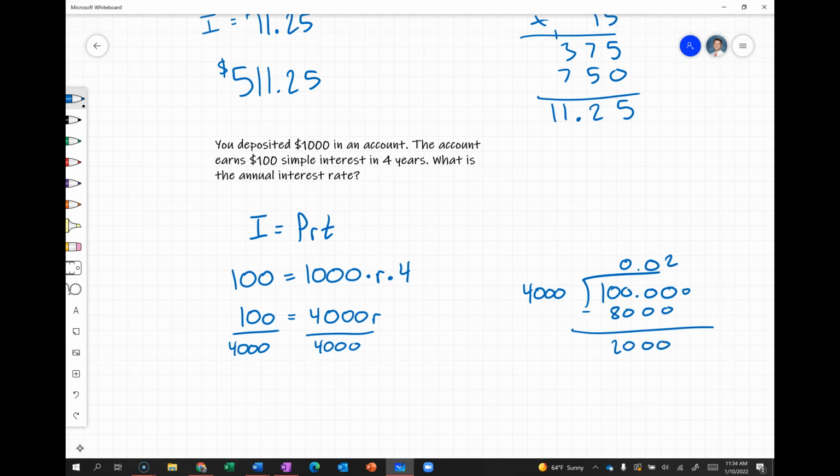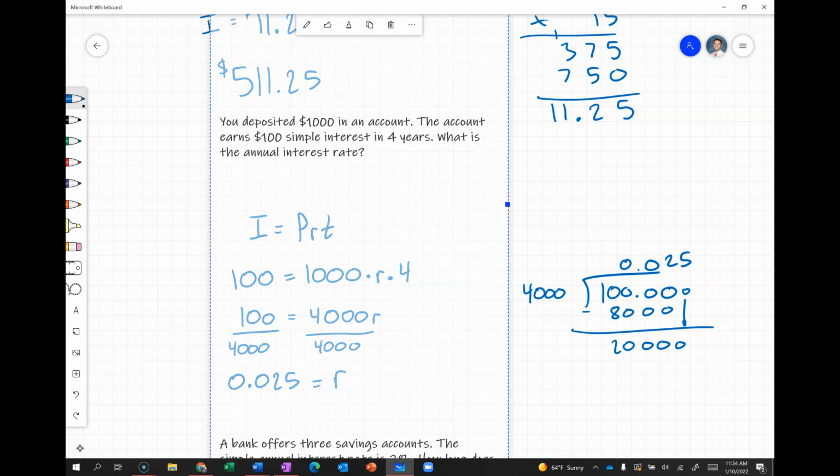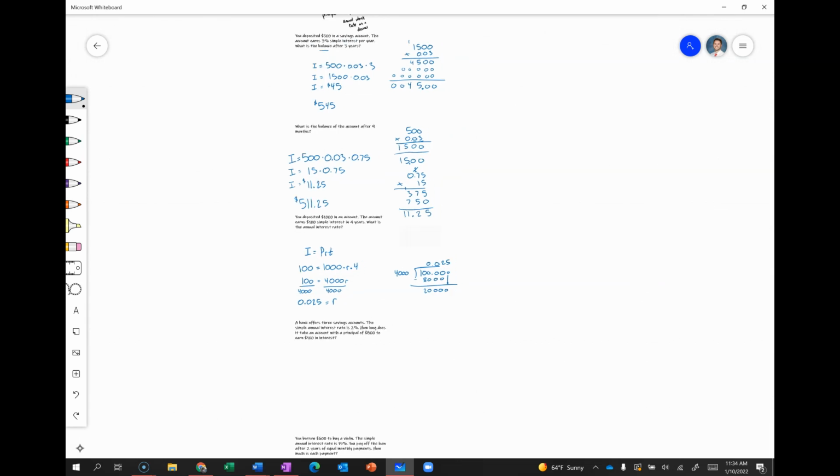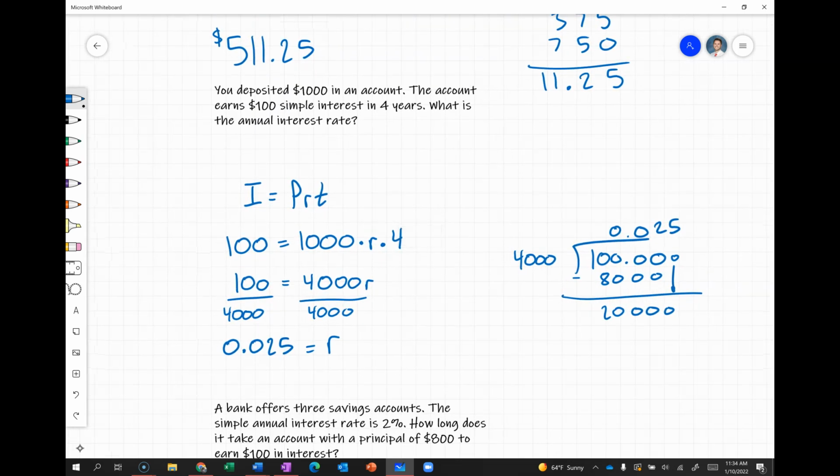And 4,000 goes into 20,000 5 times. So we get 0.025 is equal to R. And then we want to write that as a percent, meaning our annual interest rate, our annual interest rate would be equal to 2.5%.